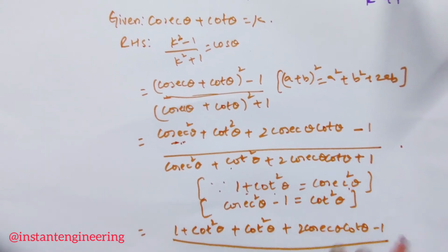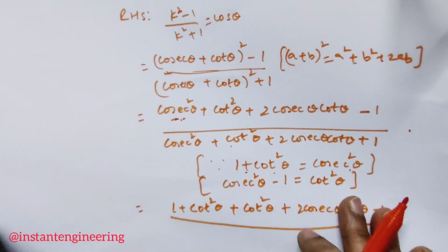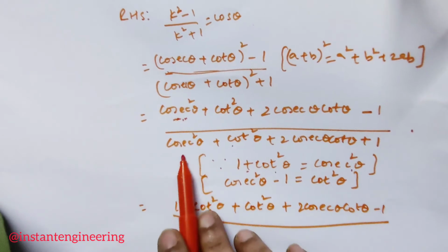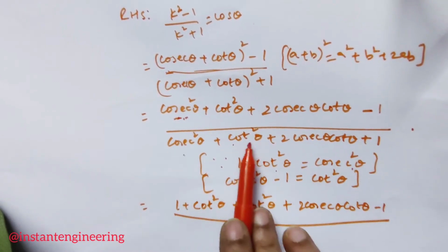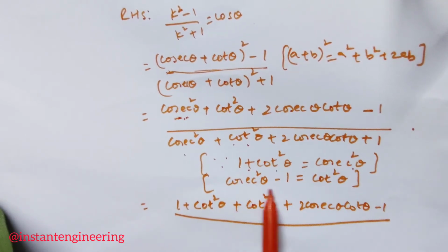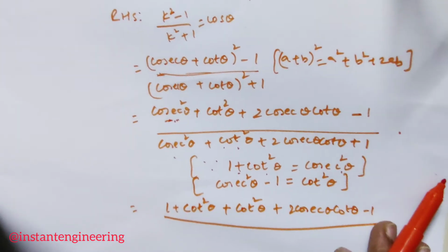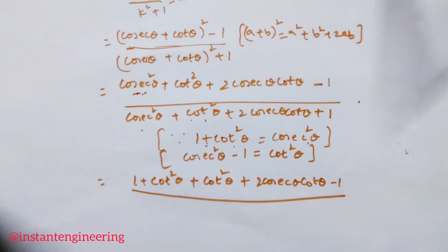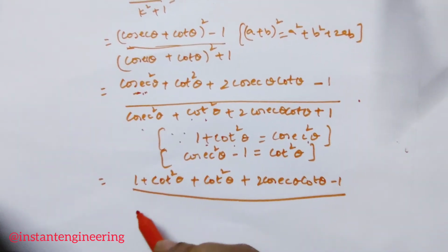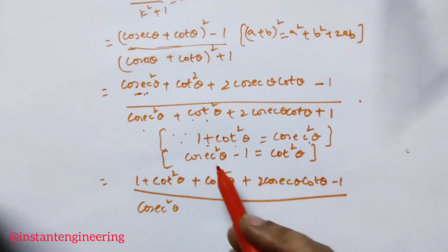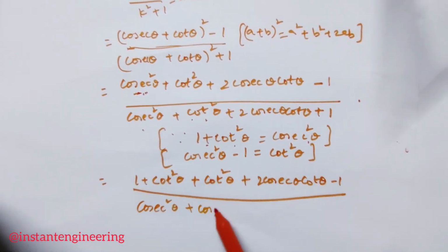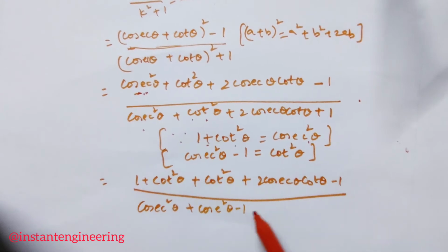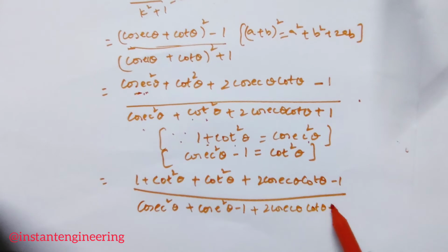Divided by this one. Here, in terms of cosecant, I'll take this as it is, and I'm converting cot square theta as cosecant square theta minus 1. So it is cosecant square theta plus cosecant square theta minus 1, plus 2 cosecant theta cot theta plus 1.